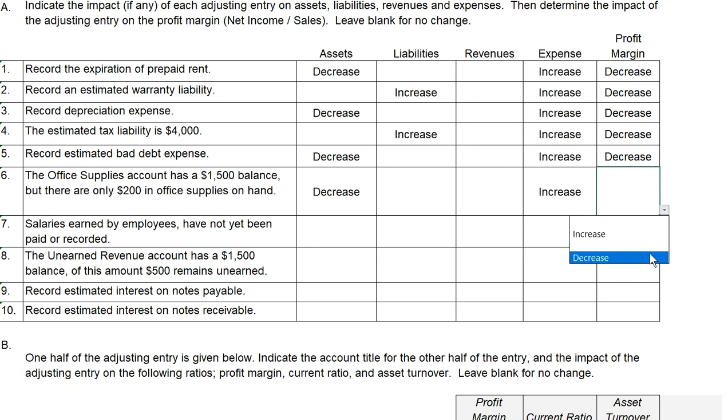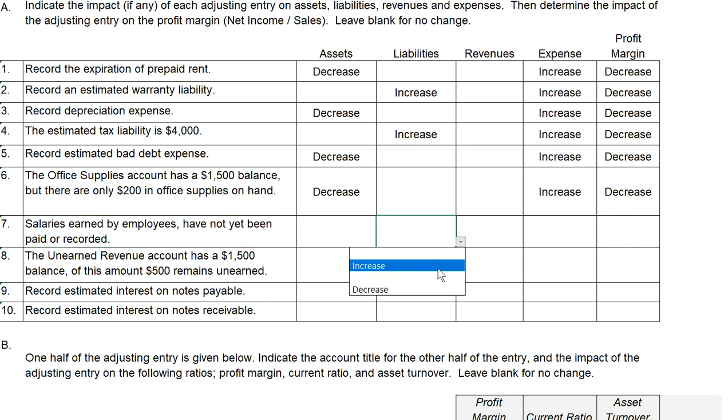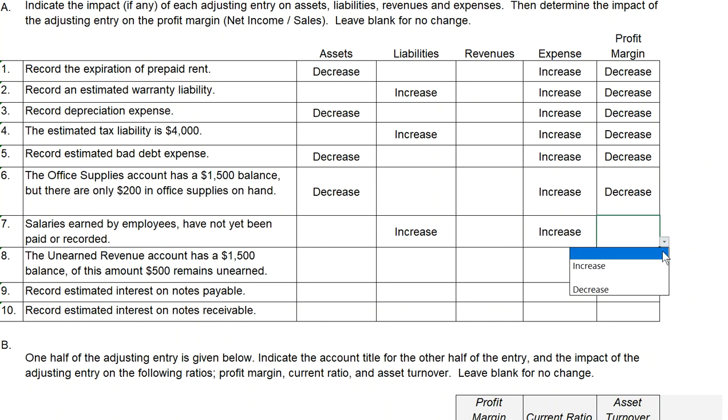And that again will decrease our profit margin. Salaries earned by employees not yet paid or recorded. So again, December 31st, we probably owe our employees something, so we need to record an increase in liabilities, salaries or wages payable, and an increase in expenses. And again, as expenses go up, our profit margin goes down.